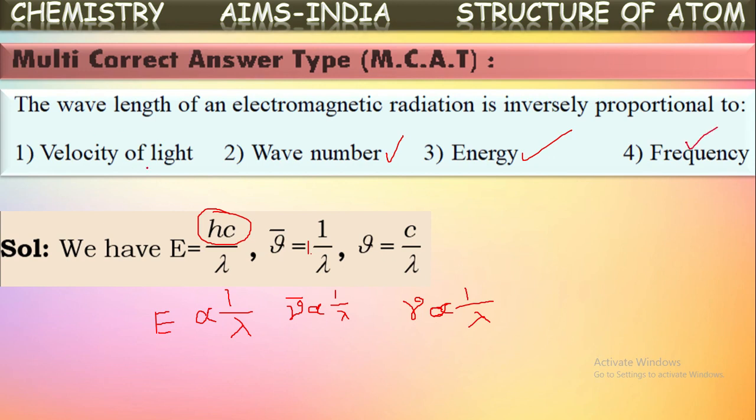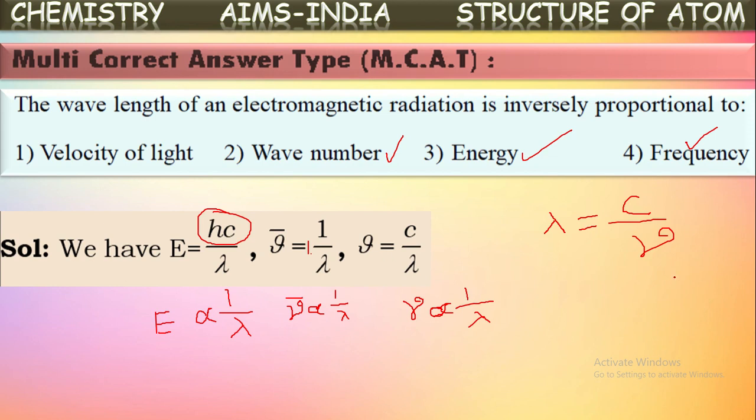What about velocity of light? In these equations, if you take nu is equal to c by lambda and write the same in another way, lambda is equal to c by frequency, we get the same by cross multiplication. Now how is wavelength related to the velocity of light? Directly related.